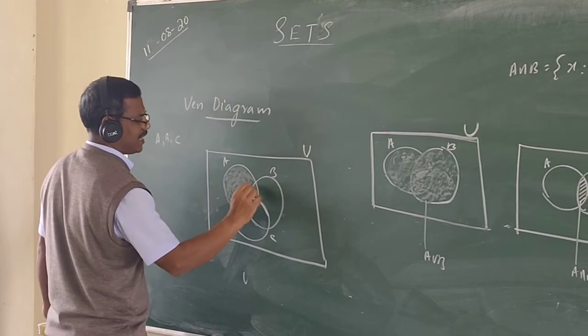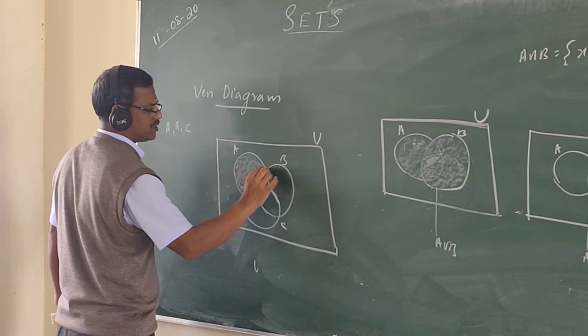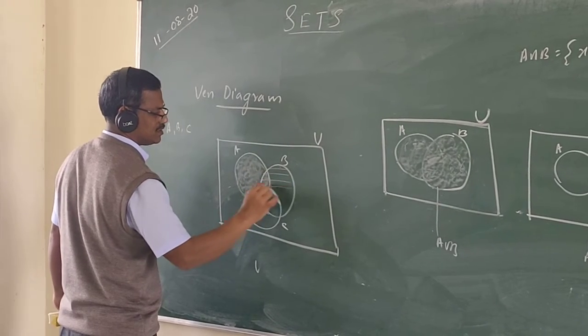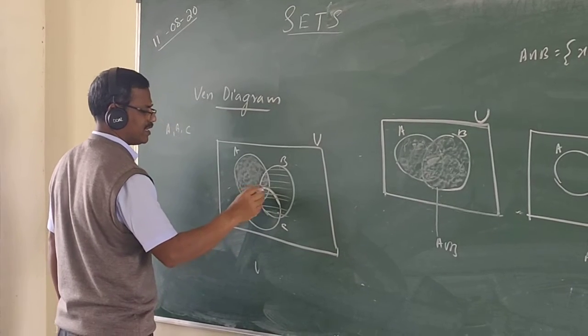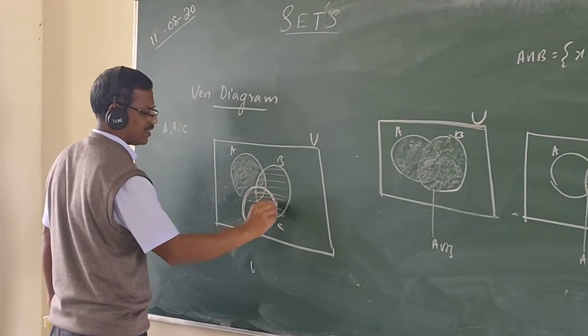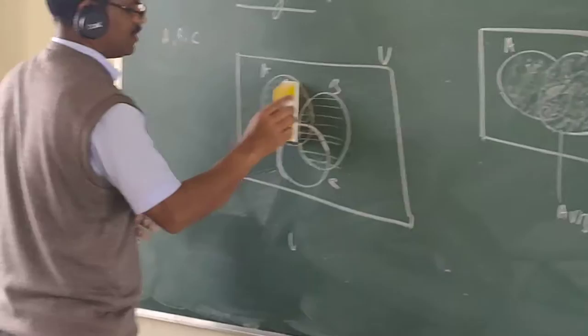And this portion is B. And here, this is C. Now, let us see each one separately.